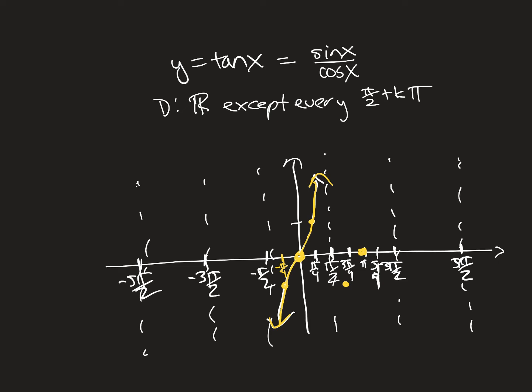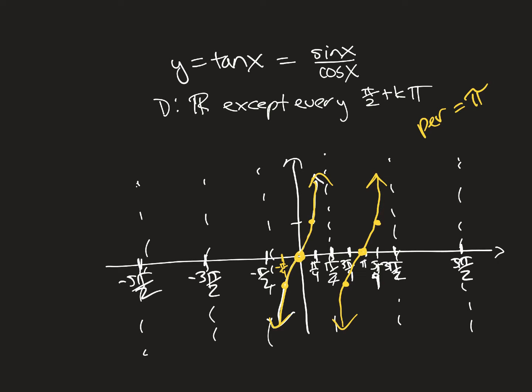Tangent of 5 pi over 4 in quadrant 3 will be 1. And so this pattern is continuing. So notice that all the other trig functions that we've done repeat every 2 pi. The period of tangent, though, repeats itself every pi. So that is a change. So the period is pi.